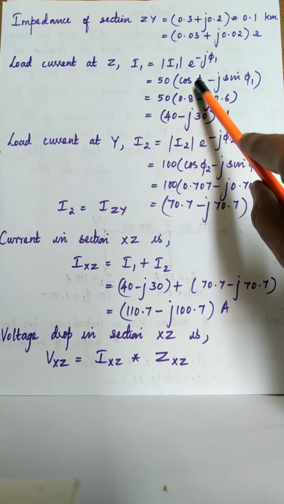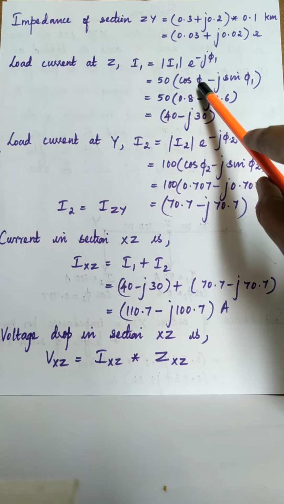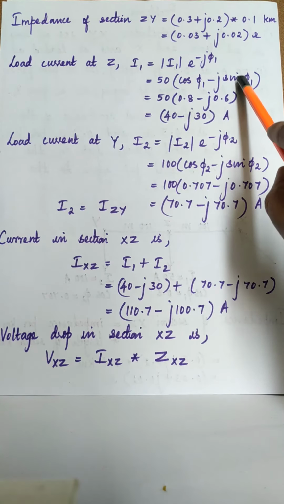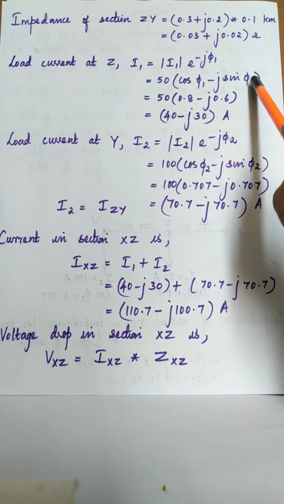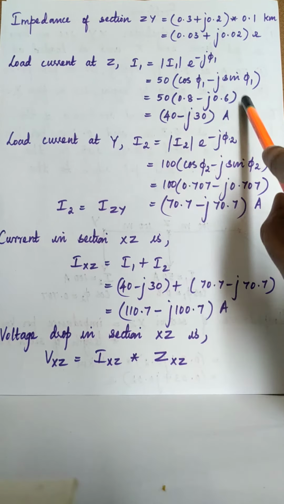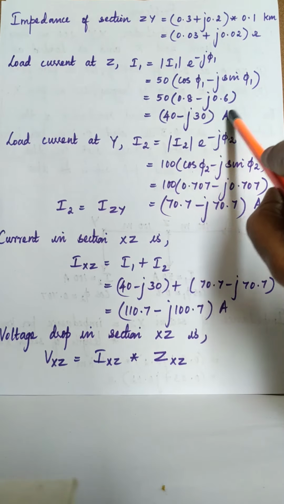From cos phi 1 equal to 0.8, phi 1 is cos inverse of 0.8, and from that find sine of phi 1. You will get sine of phi 1 as 0.6. So when you multiply, you will get I1 in complex form as 40 minus j30 ampere.